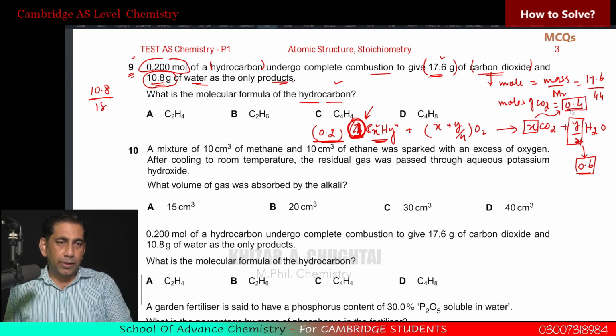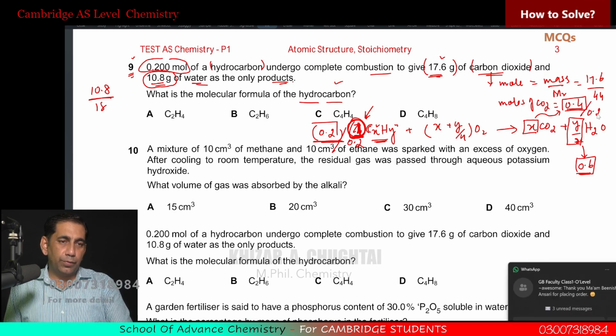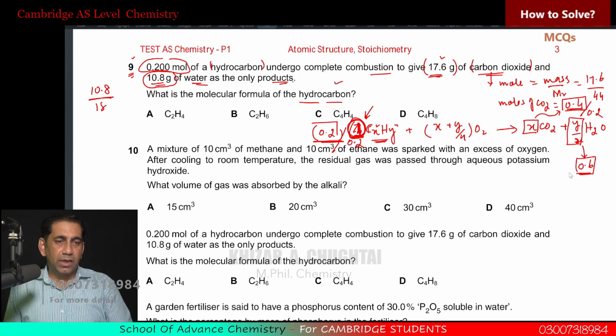So the answers are 0.4, 0.6, and 0.2. I am going to divide by 0.2 over here, same is the case, divided by 0.2, and so on.